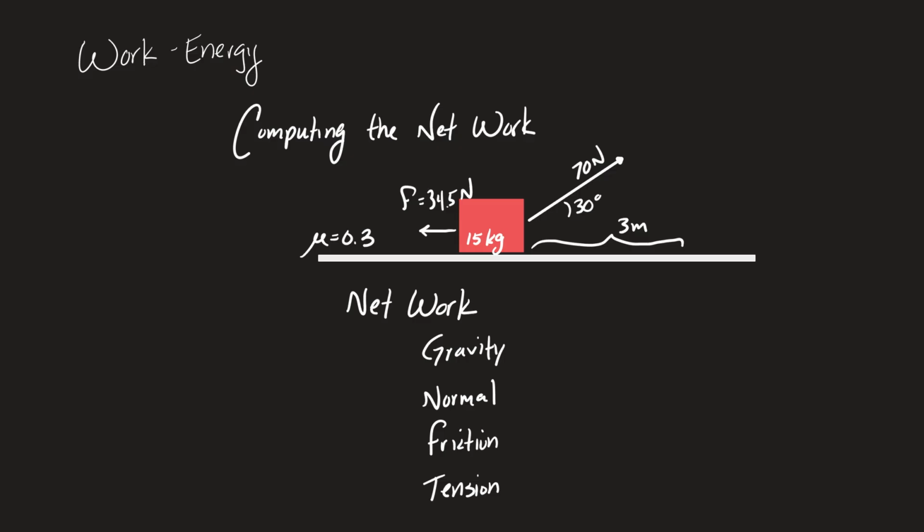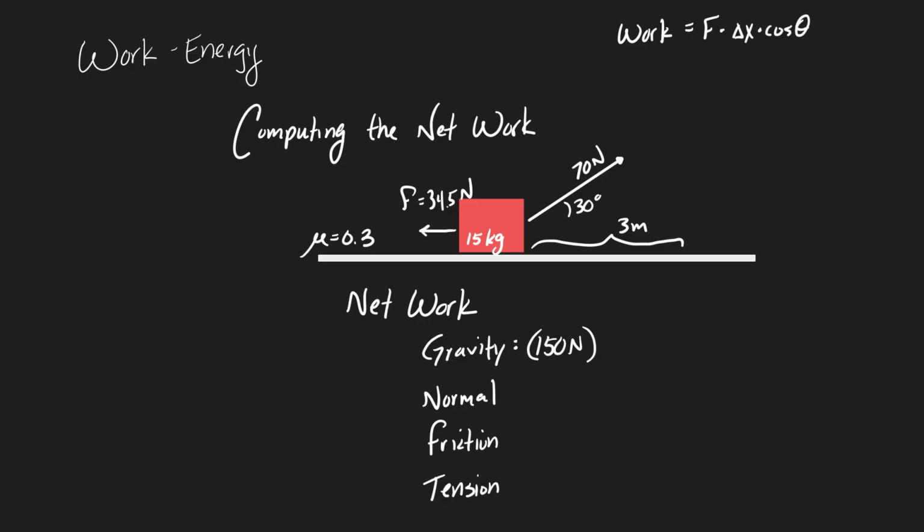Now, last week we talked about calculating the work. If you don't remember that, work is equal to force times displacement times the cosine of the angle between the force and the displacement. So if the box is going to slide across the floor, let's calculate the work done by gravity. What is the force of gravity acting on the box? 150 newtons.